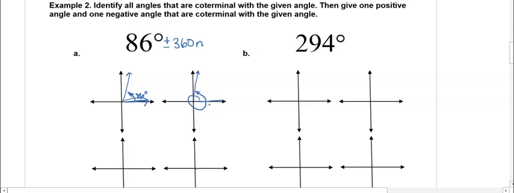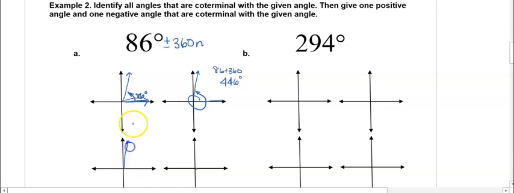That's going to be 86 plus 360 degrees, which gets us 446 degrees. And that's coterminal to 86 degrees.